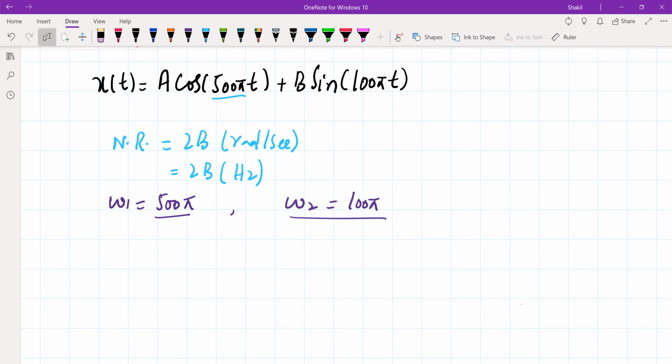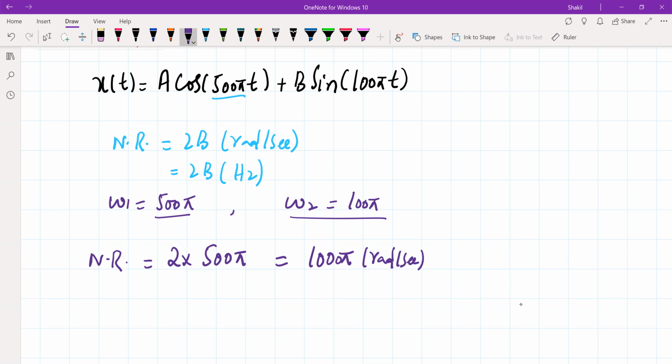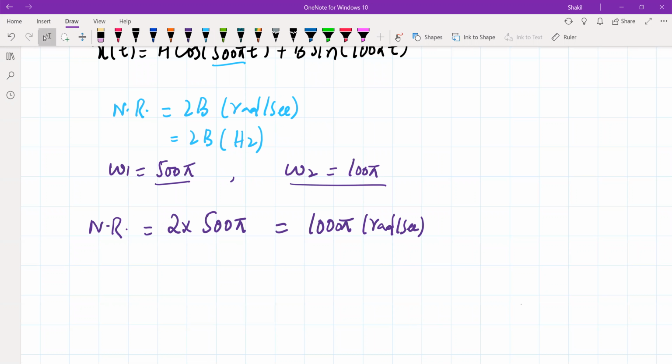The Nyquist rate is 2 times the maximum frequency component, that is 2 times 500 pi, so 1000 pi radians per second.